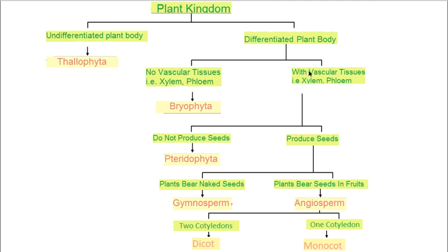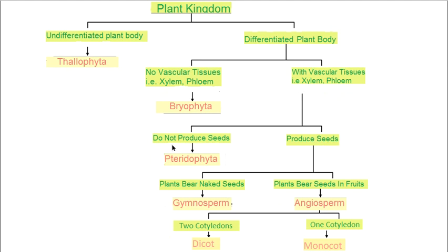Moving forward, the plants which have vascular tissues are again kept in two different categories. The first one is the plants which do not produce seeds. The second one is plants which produce seeds.